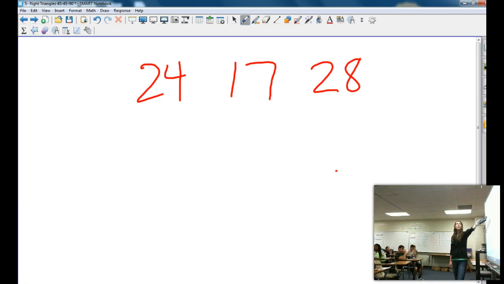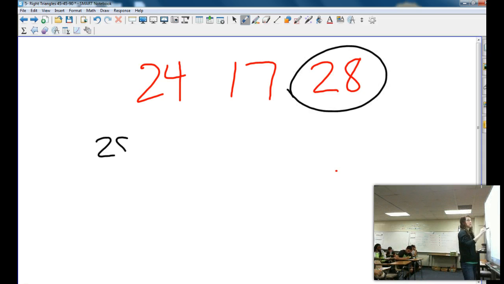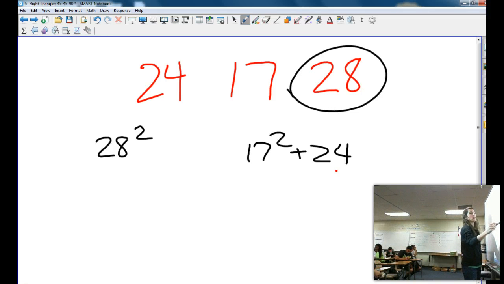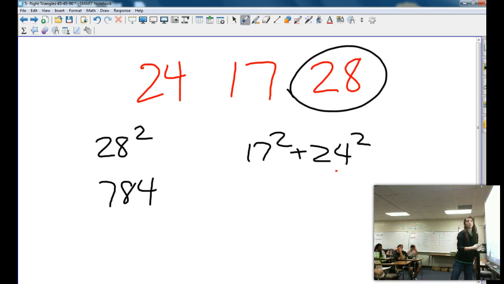You're supposed to tell me which number is c. Yep, so that one goes first. We're doing 28 squared, and then 17 squared plus 24 squared. What's 28 squared? 784.